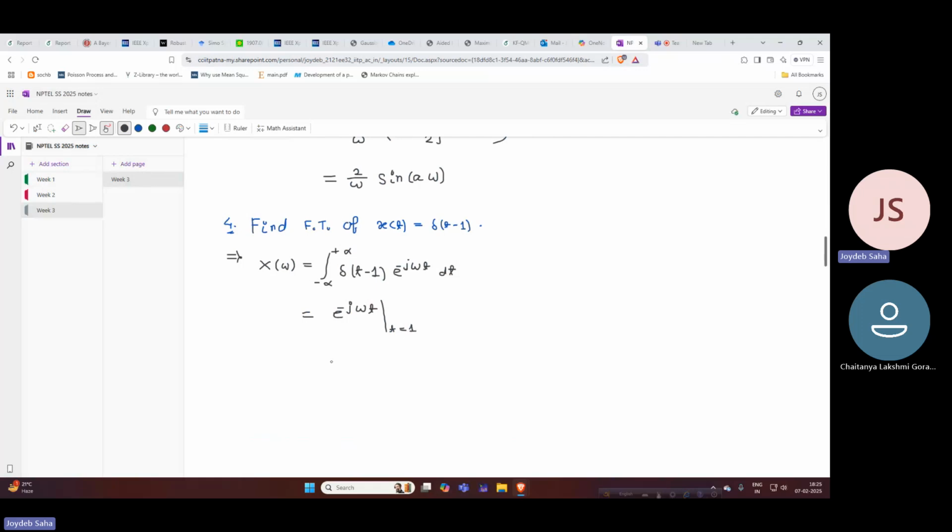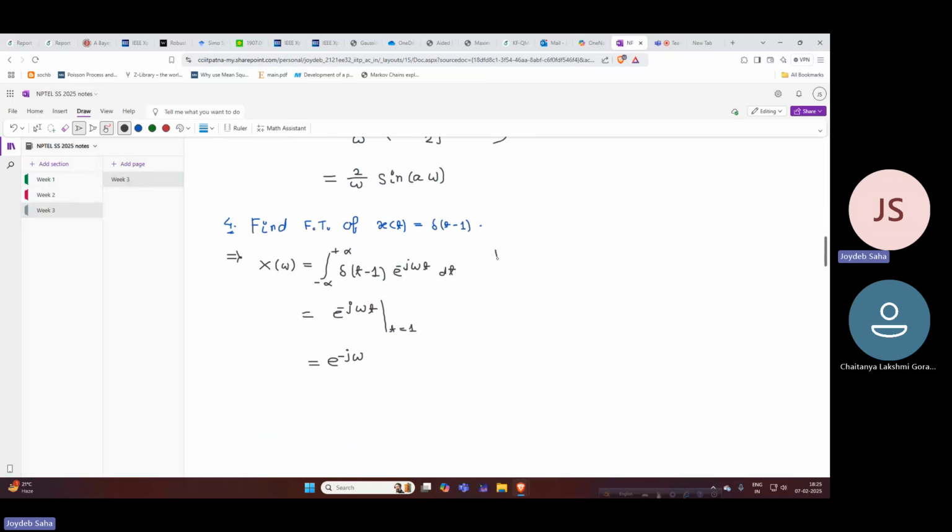So we will get e to the power minus j omega. Fine.